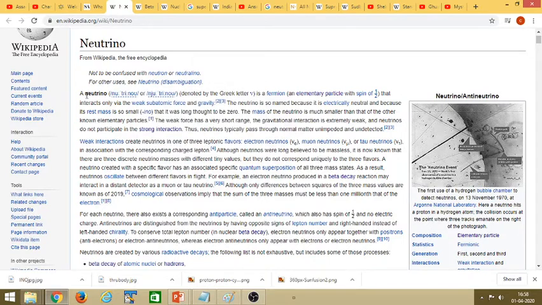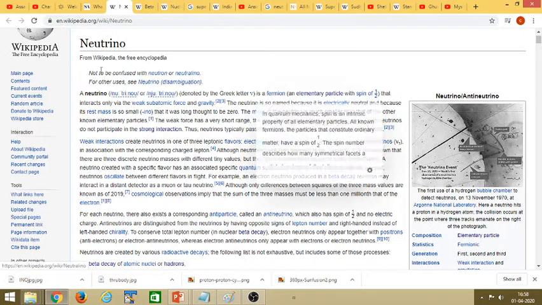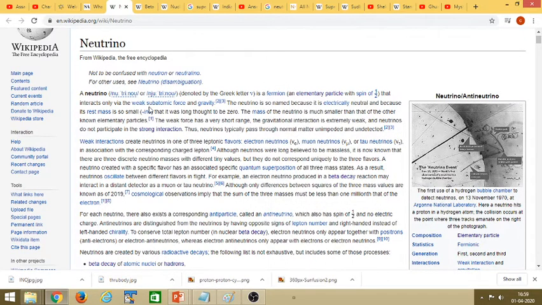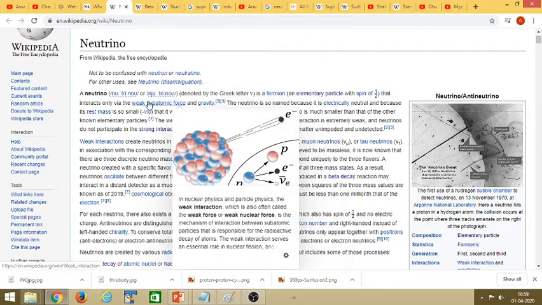Let's look at some points of this before we go further. Maybe it will make sense, maybe not, but we'll quickly look at it. A fermion is an elementary particle, and we'll look at elementary particles shortly. An elementary particle is something that has no substructure. These are elementary particles with spin of 1/2, and the neutrino interacts only via these two forces, the weak force and gravity. These are two of the four fundamental forces.